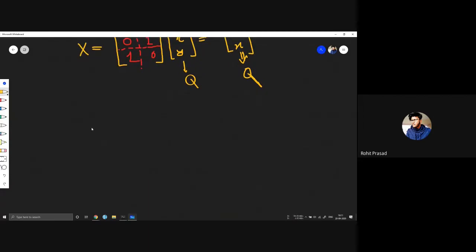So there's a Y gate, something like this. What it does is, when you apply it on x, y, it makes it iota into y and minus iota into x.